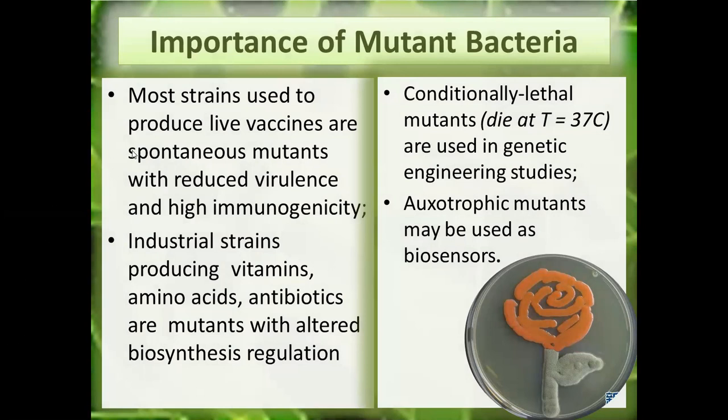Spontaneous means that they are found in natural populations of bacteria, not undergoing the influence of physical or chemical mutagens. Industrial strains, which are used for production of vitamins, amino acids, antibiotics, are mutants with altered biosynthesis regulation. In these bacteria, mutations are in regulatory genes.